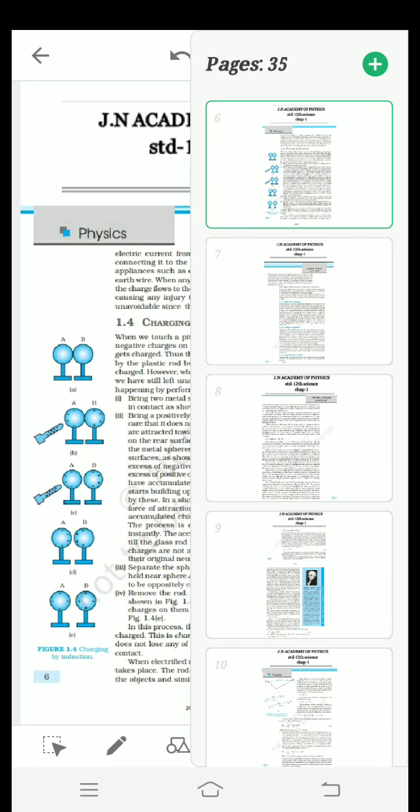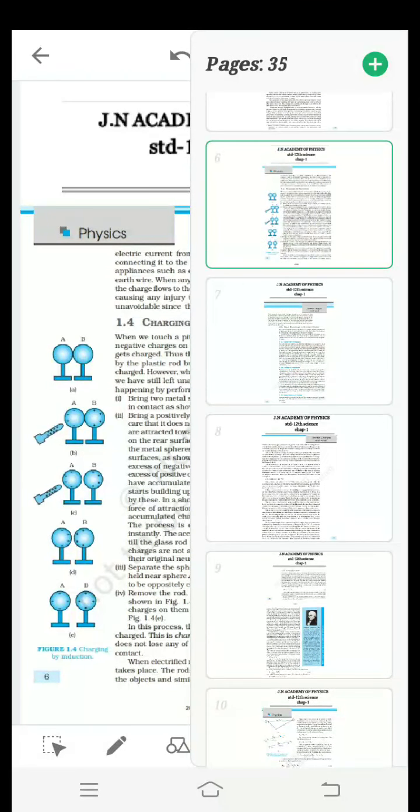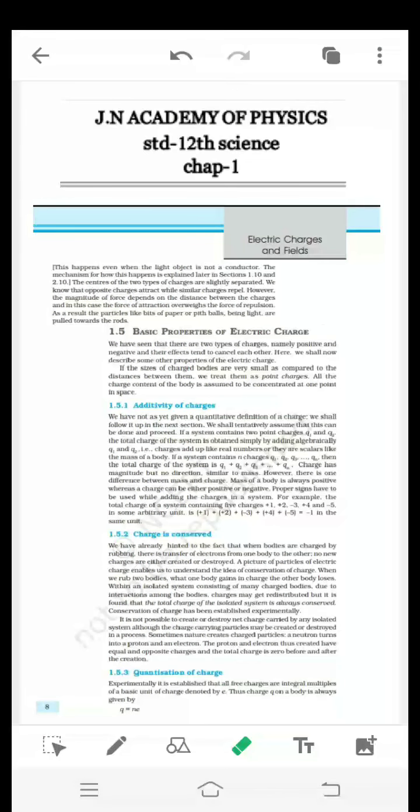From the experiment, the magnitude of force depends on the distance between the charges, and the force of attraction outweighs the force of repulsion. As a result, light particles like bits of paper or pith balls are pulled towards the rods.